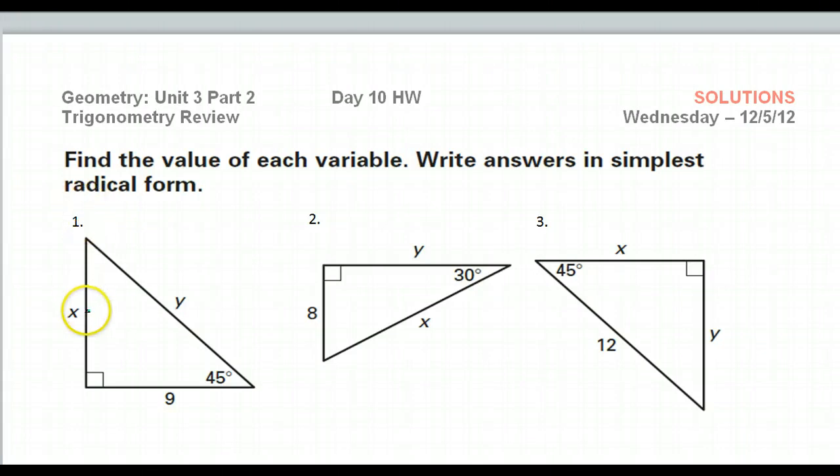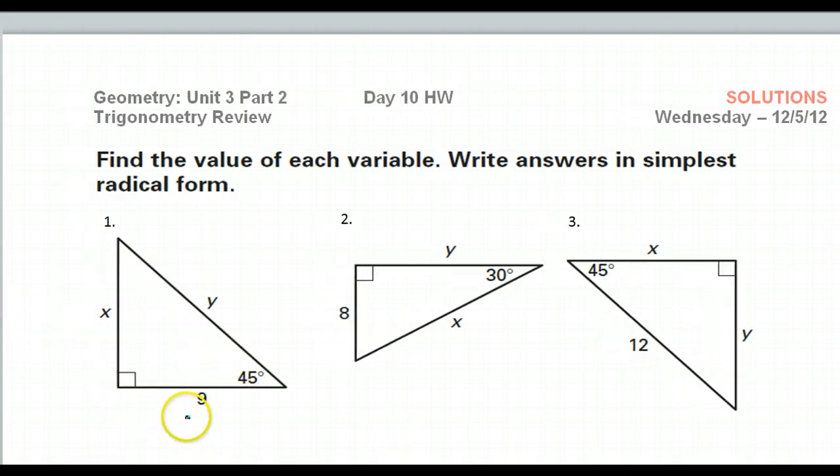So, looking at problem number 1. This is a 45, 45, 90 triangle. The way those work is it goes leg, leg, those are always the same, and the hypotenuse is leg radical 2.